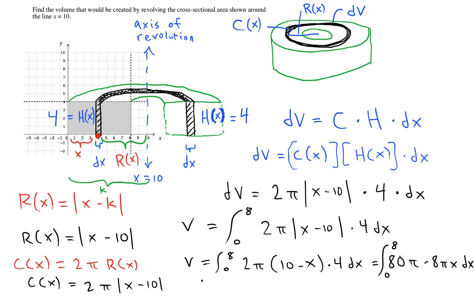Take the antiderivative. And we get 384 pi.